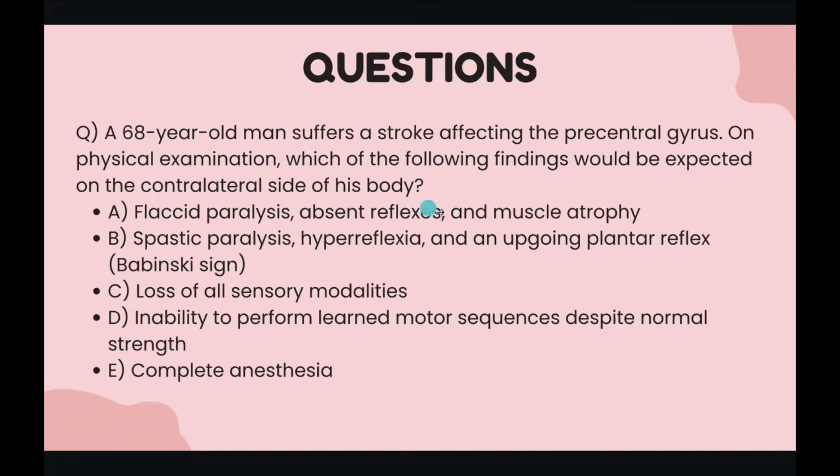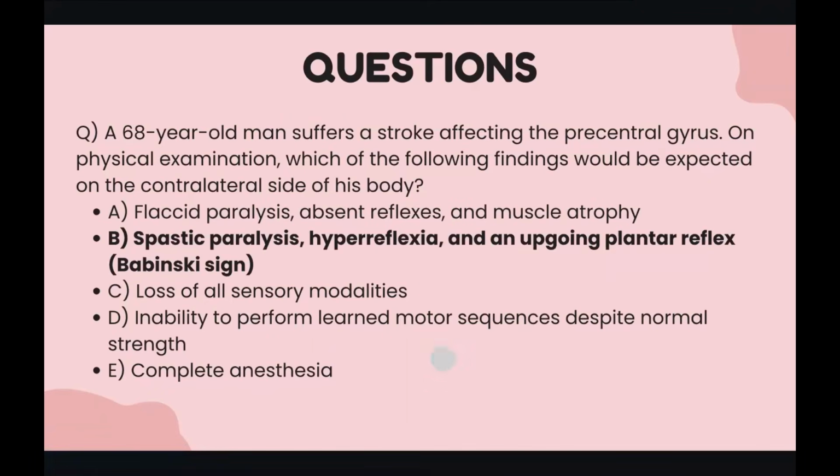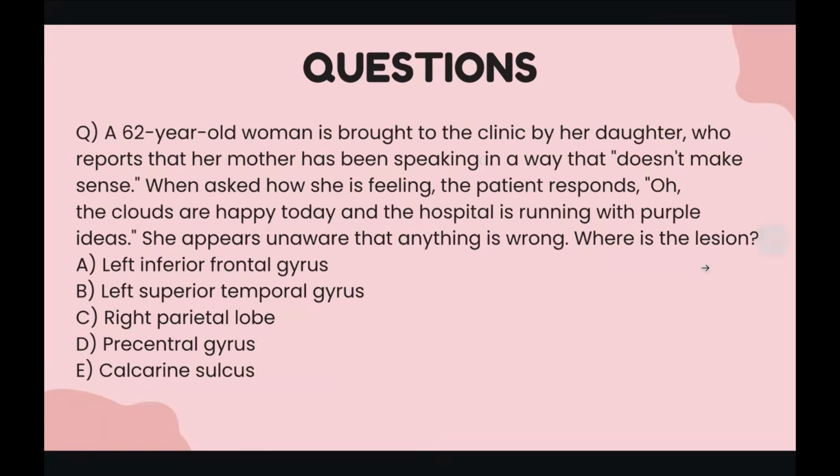Flaccid paralysis, absent reflexes, muscle atrophy; spastic paralysis, hyperreflexia, and an upgoing plantar reflex or Babinski sign; loss of all sensory modalities; inability to perform learned motor sequences despite normal strength; or complete anesthesia. We did mention this before. So it is spastic paralysis, hyperreflexia, and an upgoing plantar reflex, or Babinski sign. I hope it makes sense because it's genuinely pure recall.